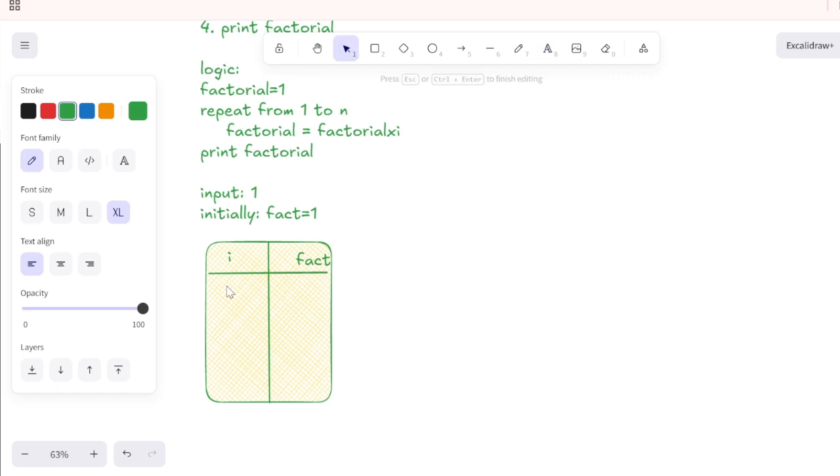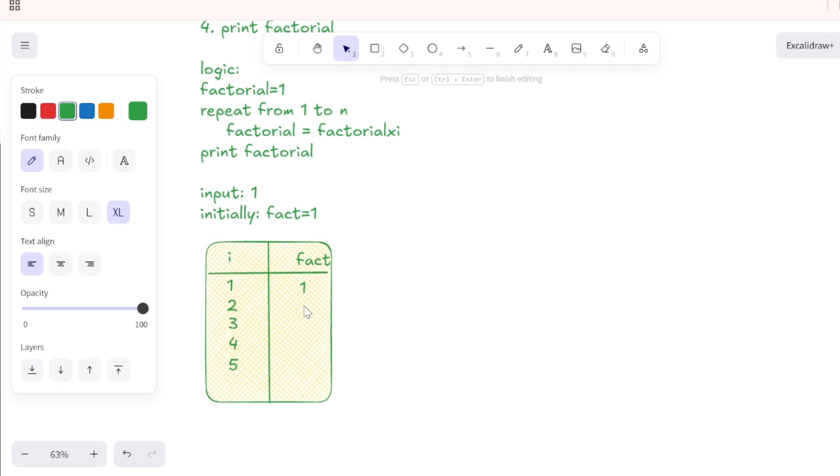If i is 1, then fact is also 1. We need up to 5, so factorial of 5 is needed for now.